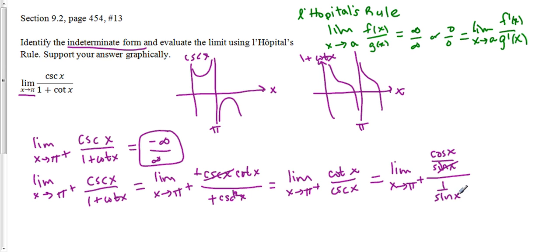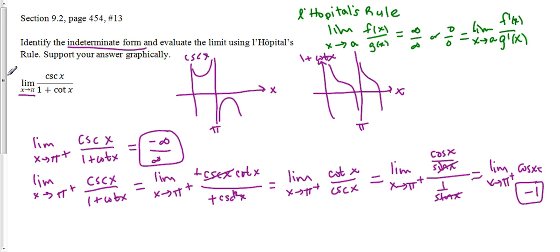I can cancel these sines, and now I'm going to have the limit as x goes to pi from the positive direction of cosine x. And what's that going to be equal to? Negative 1. So I have found my right-hand limit.